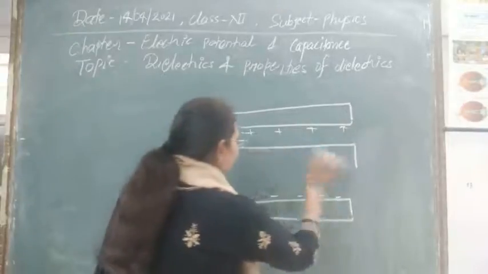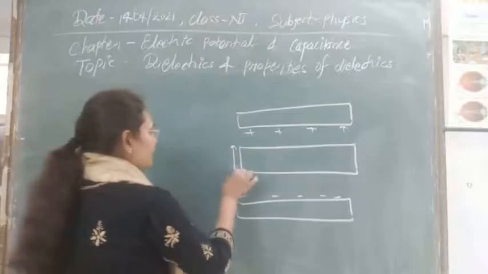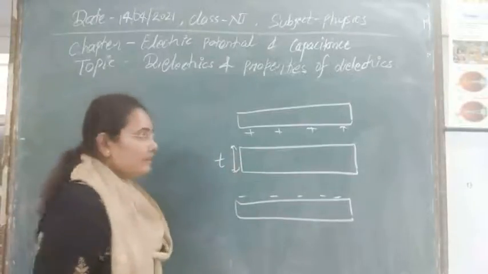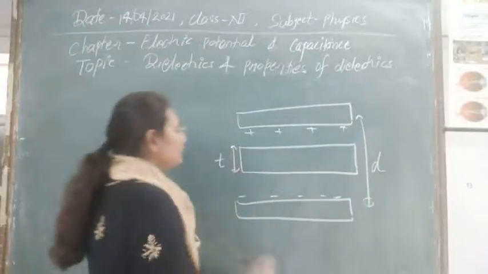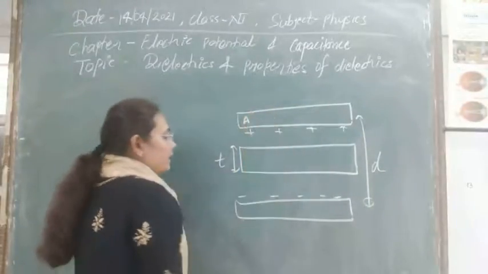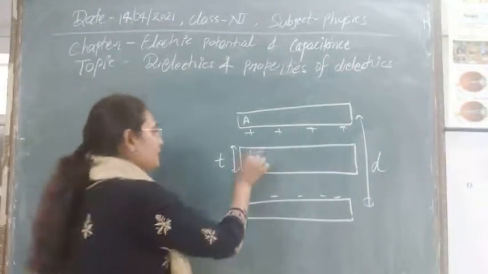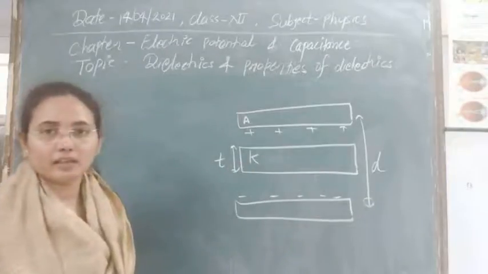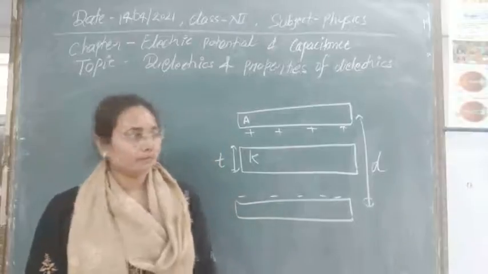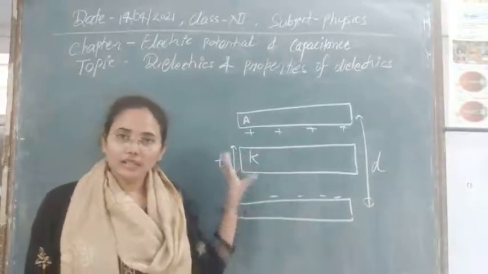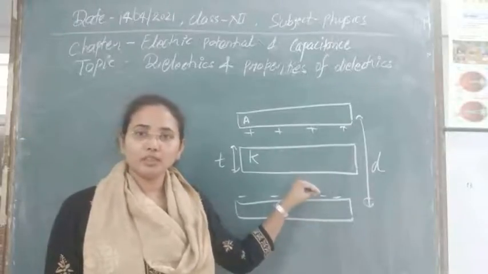Now we are putting a dielectric slab inside, and the thickness of the dielectric slab is, suppose, T, and the overall separation we have taken before was D. The area of the plate is A, and the dielectric constant for this particular dielectric material is K. Then what will be the impact on the capacitance, or on the working of the parallel plate capacitor, when we put it here?